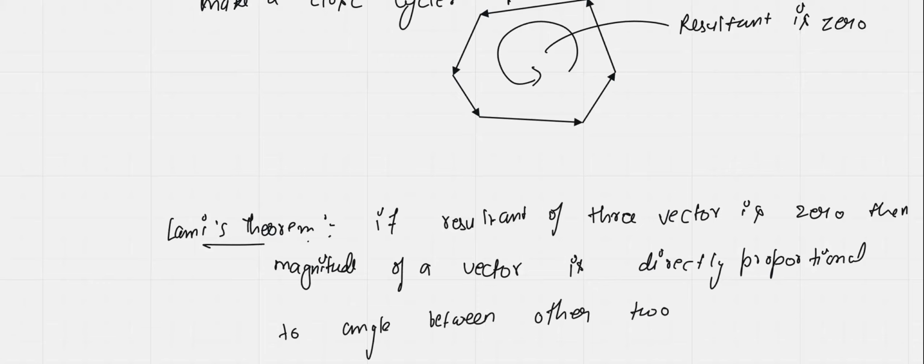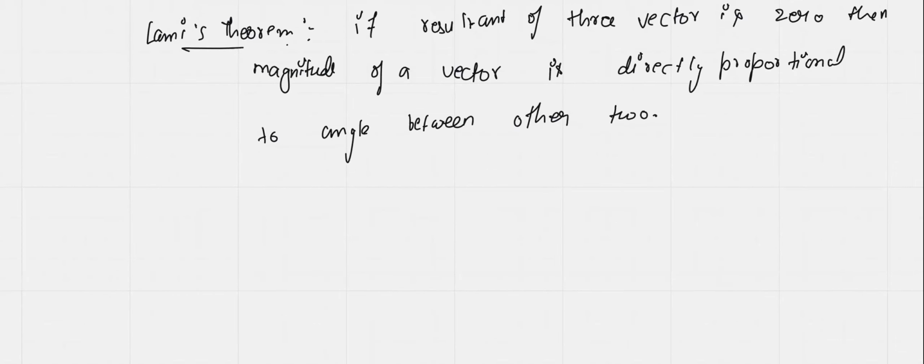Assume I have this kind of figure. These are the three vectors, say F1, F2, F3, and the resultant is 0.